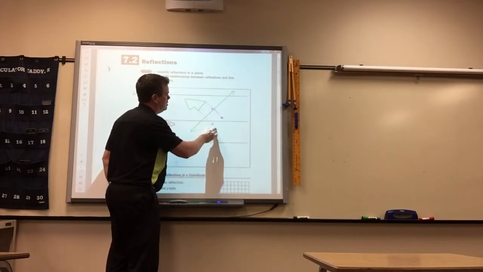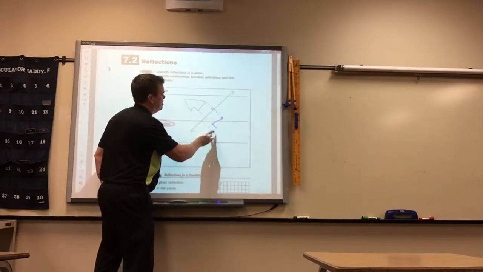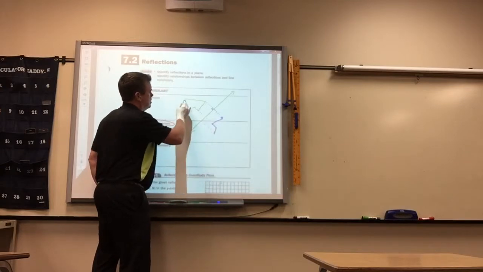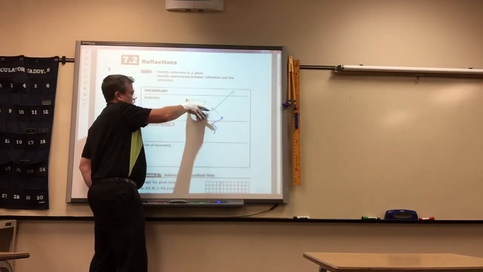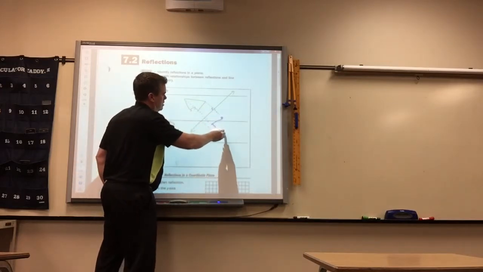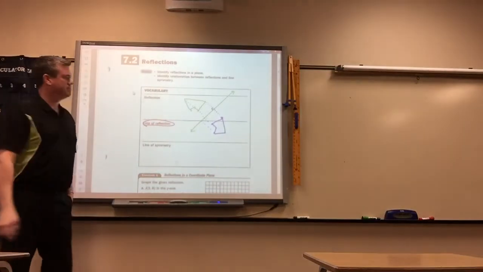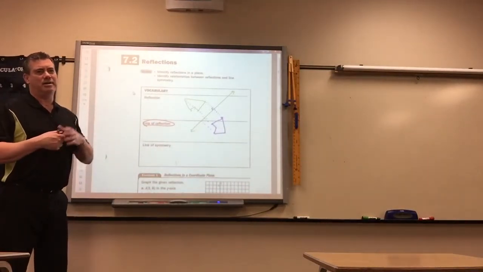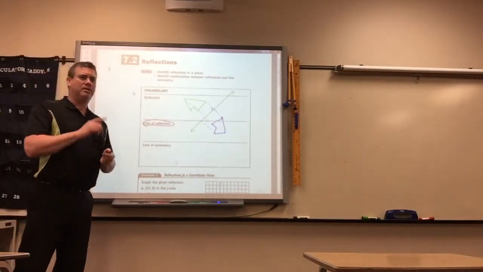It'll be right about there, just like that. There. Okay? So remember, you got to go at a 90 to the line, and then you just keep going across. Same thing when we do these on a graph. You're going to do the same thing.